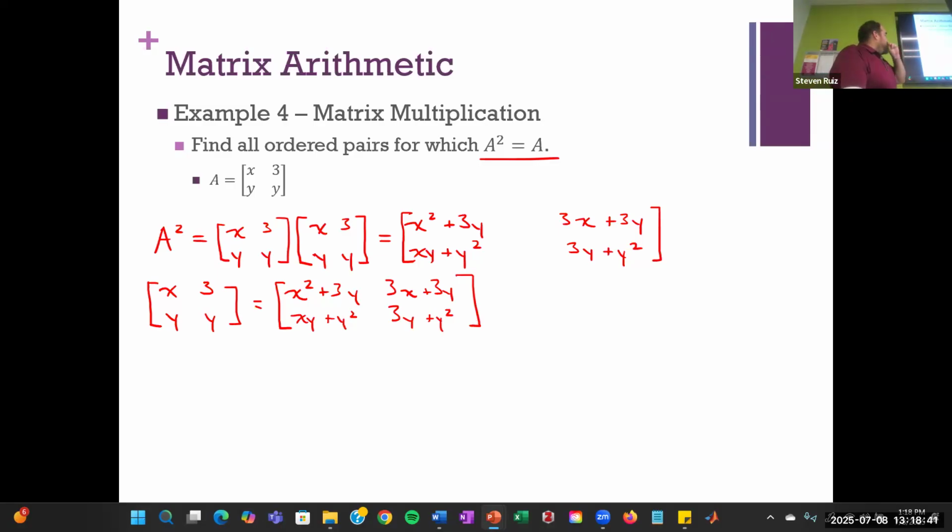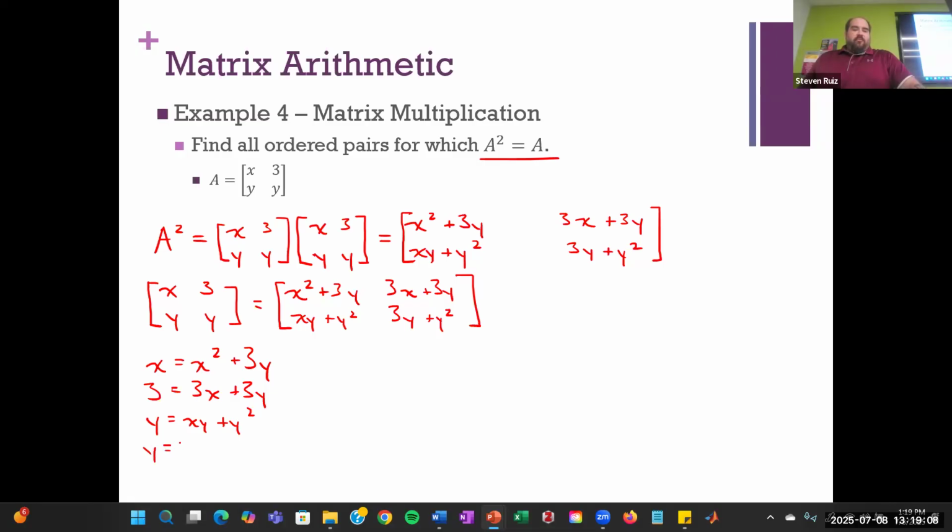So I can essentially write 4 equations. X equals x squared plus 3y. 3 equals 3x plus 3y. Y equals xy plus y squared.